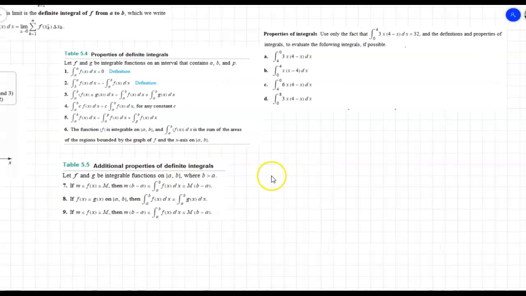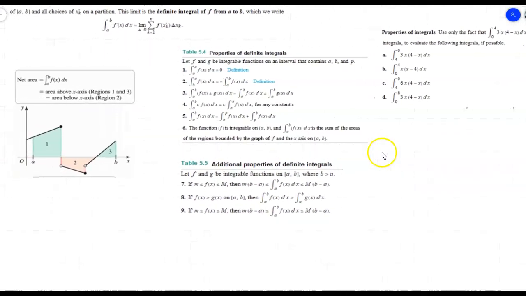Let me jump back for a quick moment and talk a little bit about net area. For example, on this function here, it looks like it's probably a piecewise function. Notice that anything above the x-axis is green and anything below the x-axis is red. So when we take the definite integral and add up all these areas, anything below the x-axis we're actually subtracting from our total.